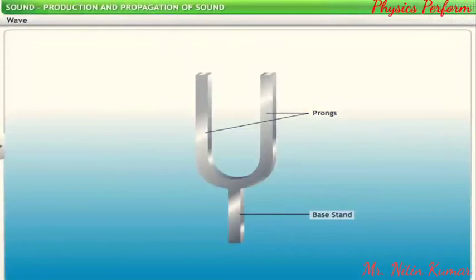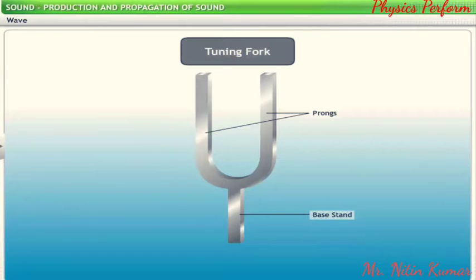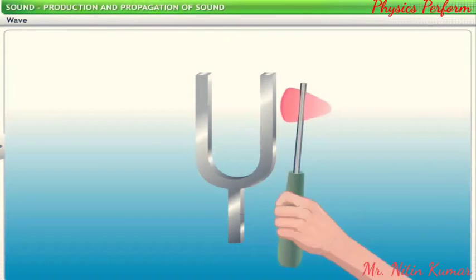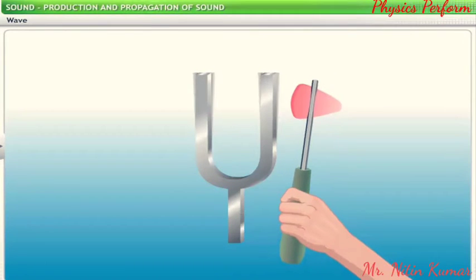To study the sound waveform in more detail, let's use a tuning fork. Vibrating a tuning fork produces a small audible sound. Vibration involves to and fro motion of the prongs of the fork about a fixed point.